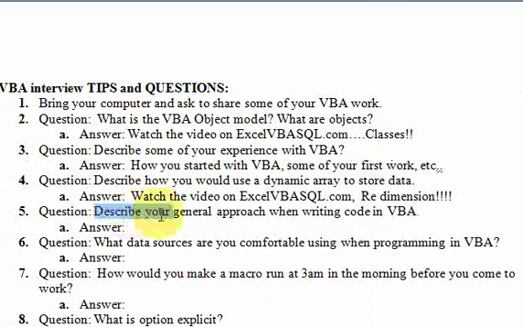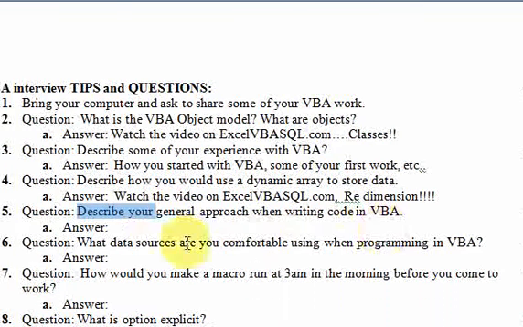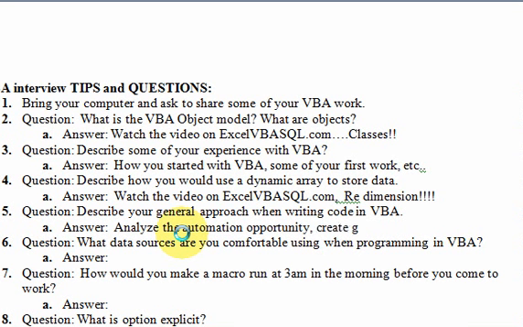Okay, describe your general approach when writing code in VBA. Answer: you analyze the automation opportunity, then you create a general coding structure.